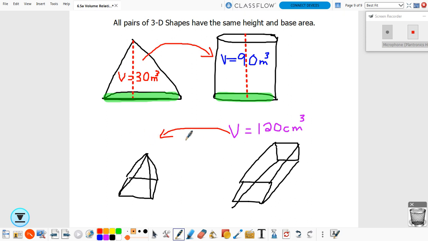Well, again, you might be thinking of some sort of relationship here. You could just divide 120 by 3, because you know that 3 of these can fit inside 1 of those. Or you could take the 120 and times it by 1/3. It's the same thing. We go to our calculator, and the calculator says this has got to be 40 centimeters cubed.